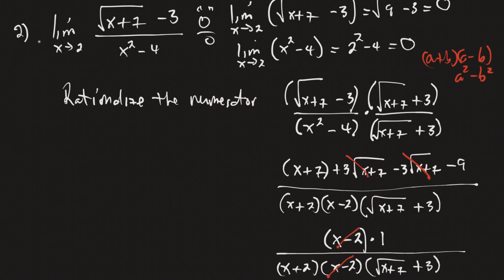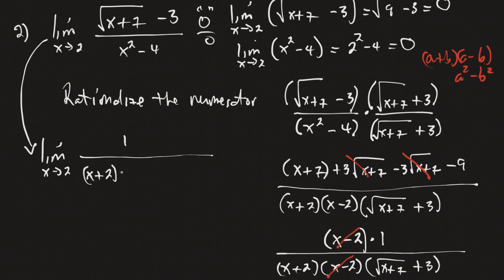It means that this limit, the original one that gave us that indeterminate form, can be reduced to something that has a 1 in the numerator, and in the denominator one quantity x plus 2, and then another quantity root x plus 7 plus 3.